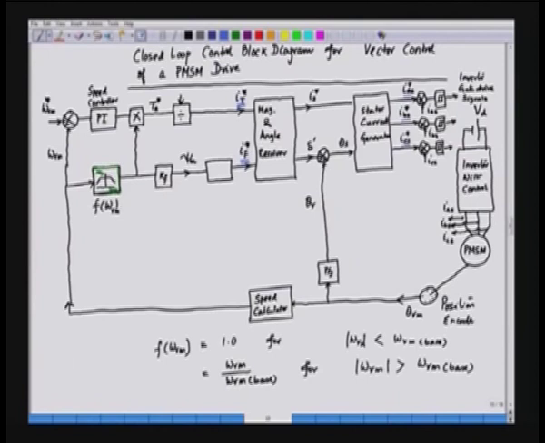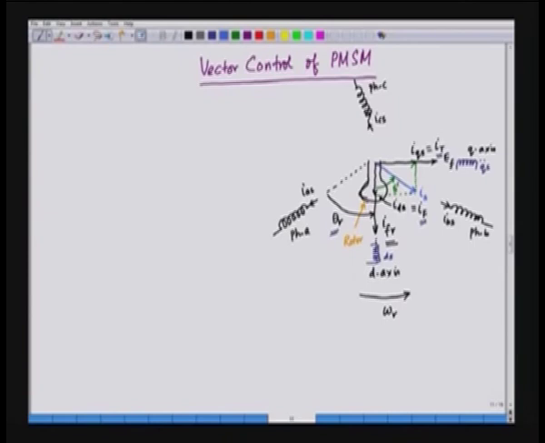So, this IF and IT are transformed into IS and delta prime. IS is the stator current, and delta prime is the angle between the d axis and the current vector, that is IS.